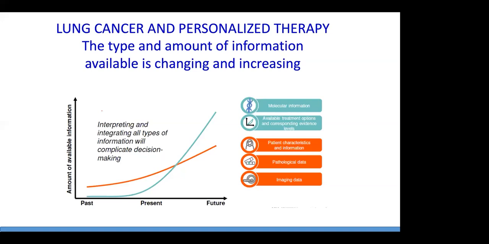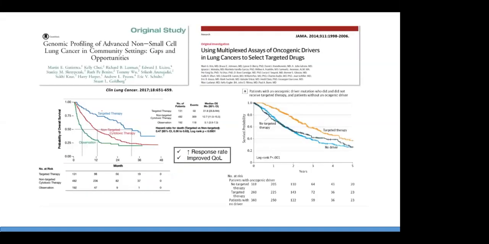This graphic is very interesting. You see in orange that in the future, pathological data, patient characteristics, and imaging data are still important, but the molecular information, the green, and the available treatment options will be more important. Because this really changed the natural history of lung cancer. It's very clear.